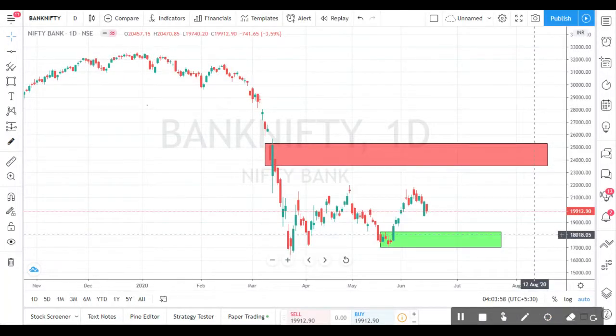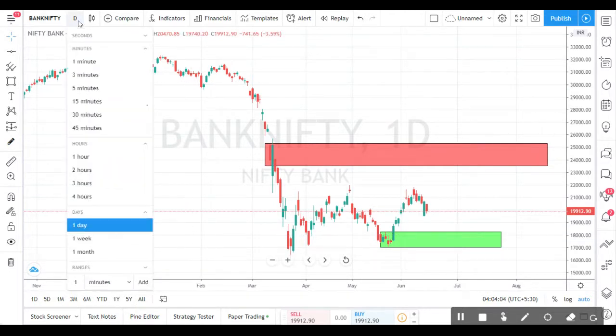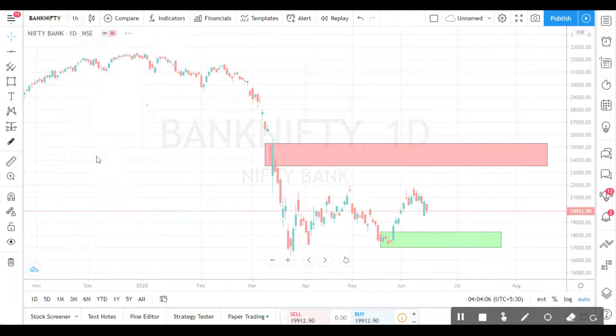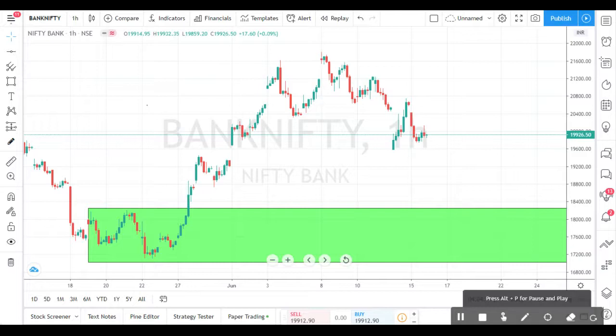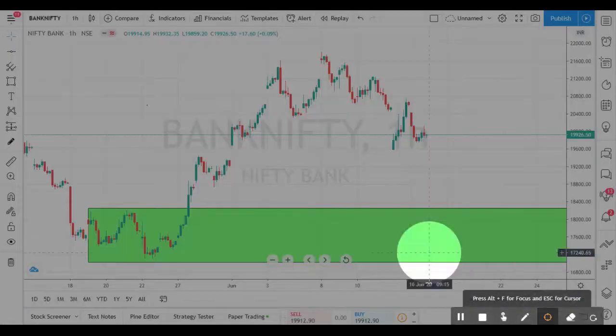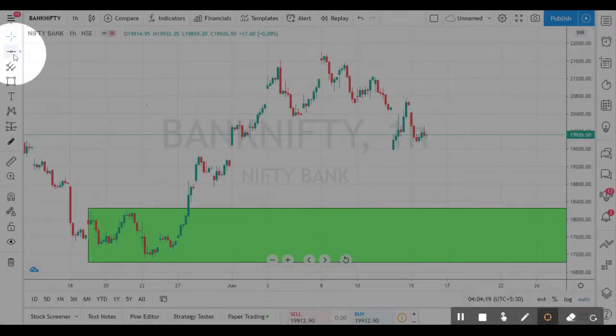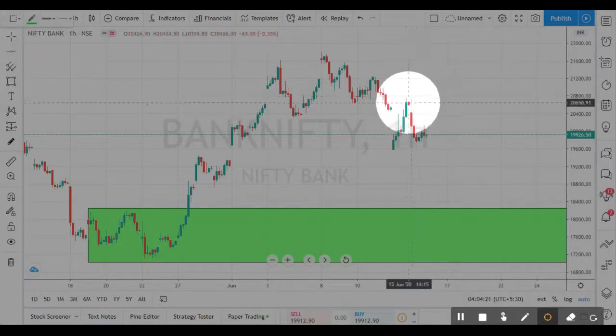Now we will plot on the lower time frame, on the 1 hour, where the resistance point is and where the support is. So my friend, again you have to take a horizontal line from where the market price started moving down sharply in this session.